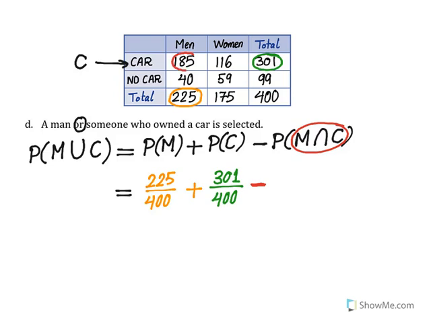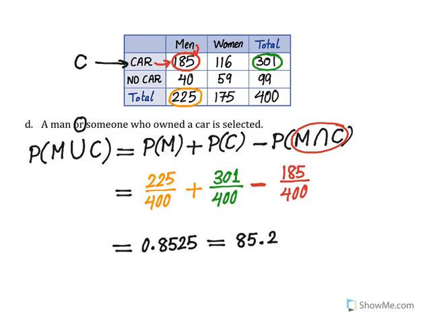So this is the number that you'll be looking at, because it's a man and owns a car. So this will be 185 men who own cars out of the 400 people. And again, if you do the arithmetic on your calculator for this question, you'll get 0.8525, which is nicer to write as a percentage, 85.25%. And this answers this question.